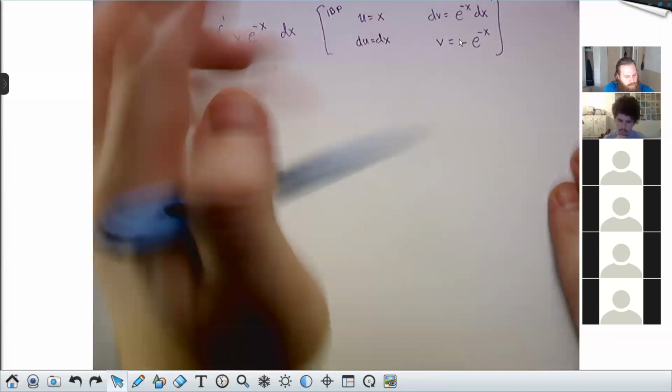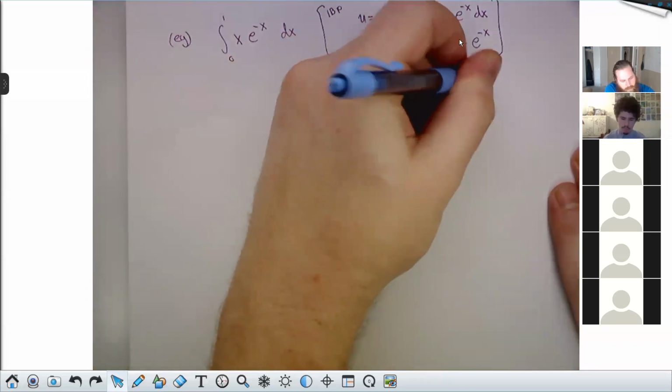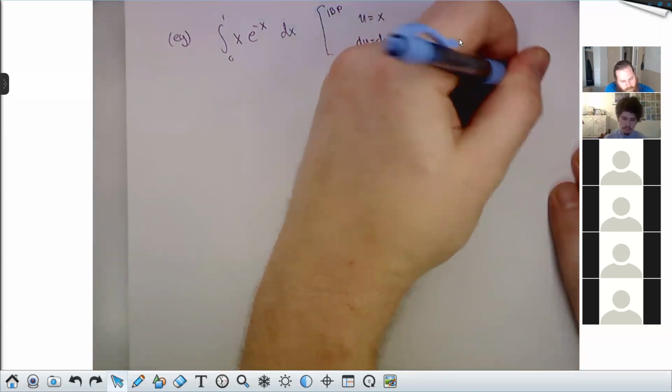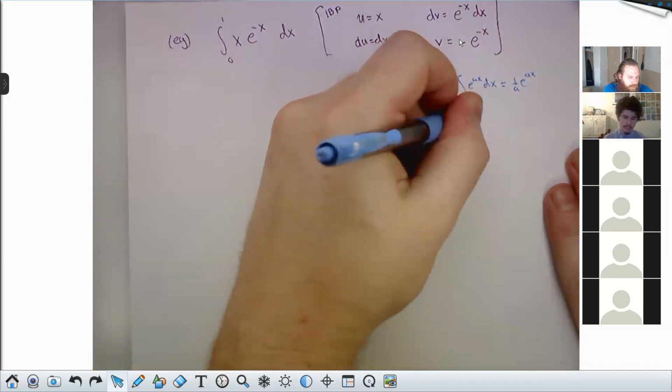So small note, integral e to the ax dx is always 1 over a e to the ax. Similar for sine and cosine.